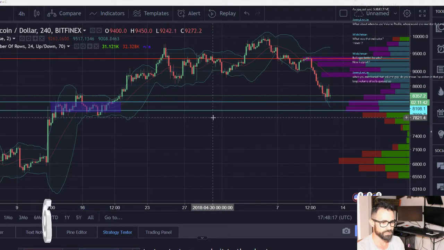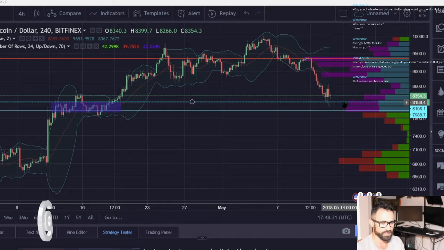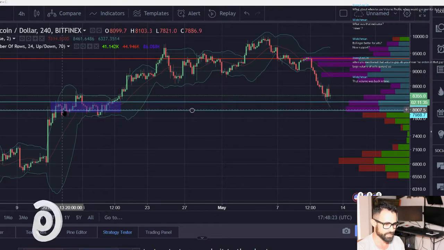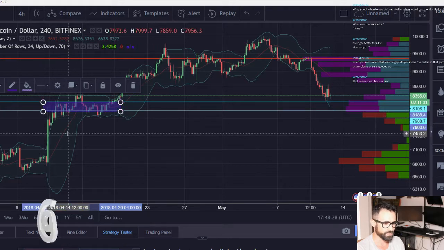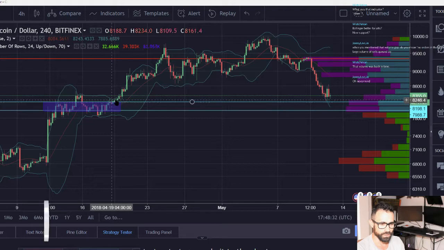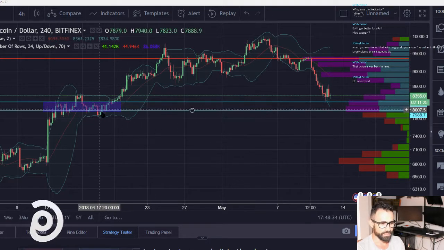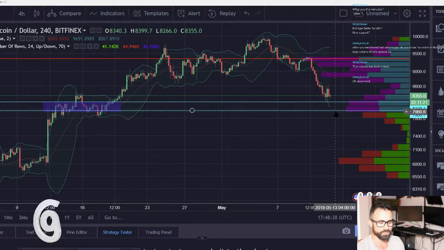This volume, I wouldn't call it new. It didn't come in today because we didn't get down here. But based on what had happened in this zone right here after Bitcoin was declared halal a month ago, there was quite a bit of volume happening here, and that's what's creating the support.